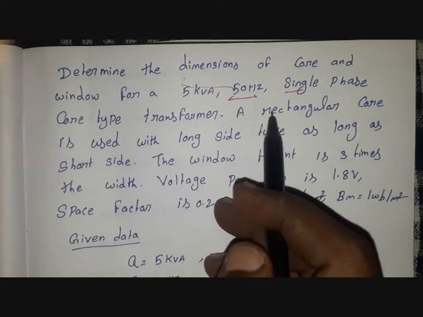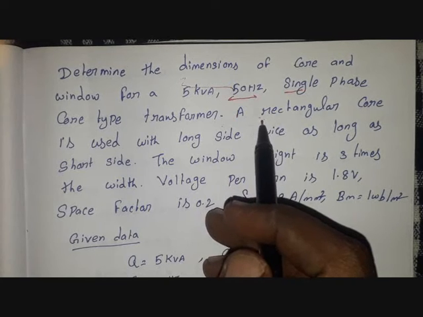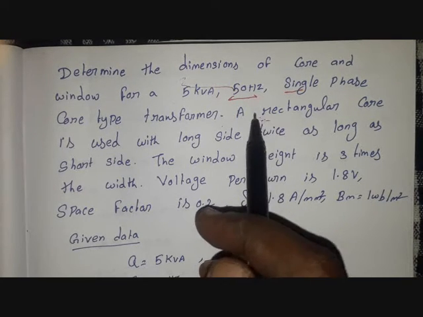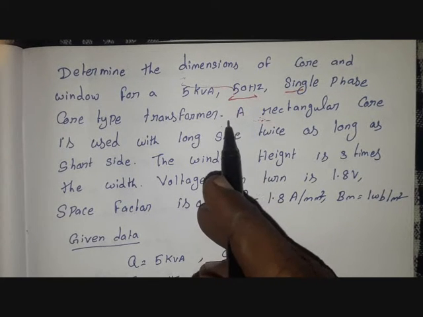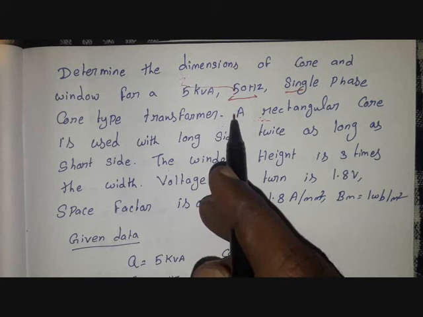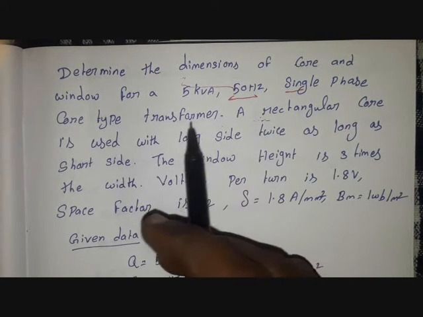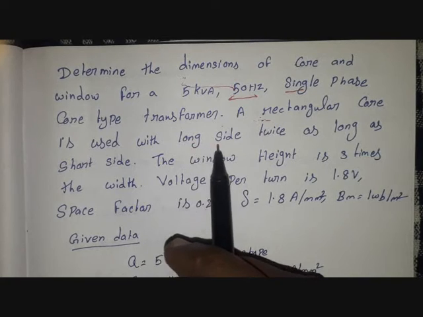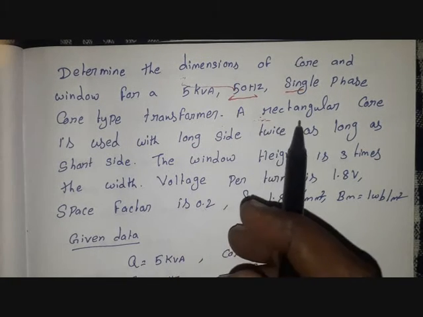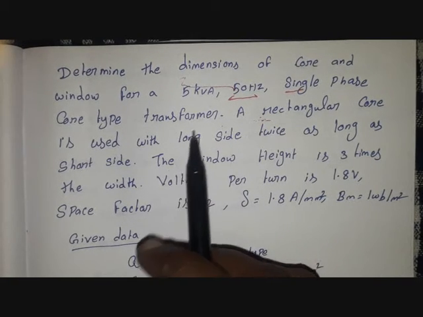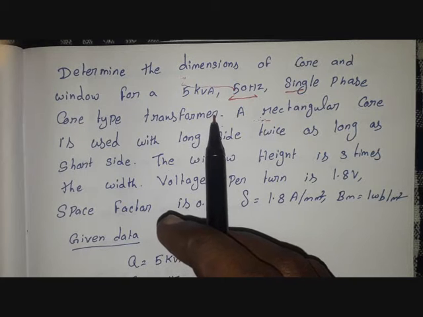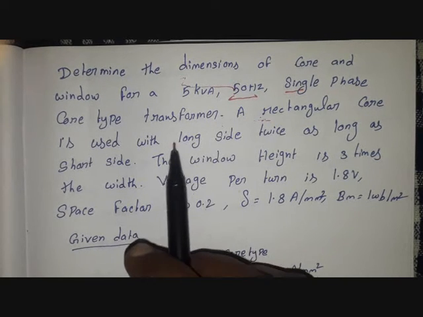The question did not give a square core, it is a rectangular core. That means length and width are different. So a rectangular core is used with long side twice as long as short side. That means if the long side is 2 centimeter, the short side is 1 centimeter.